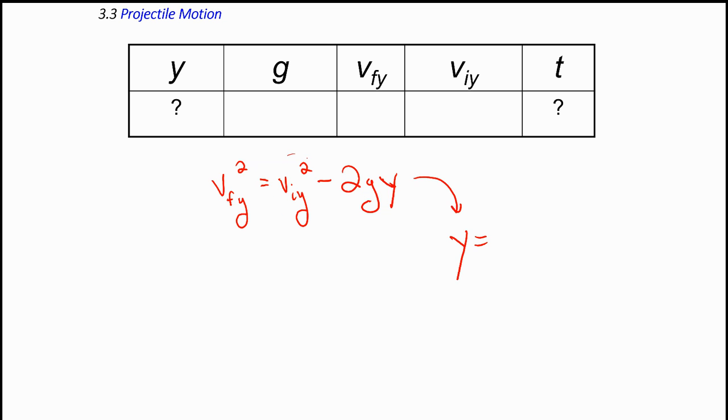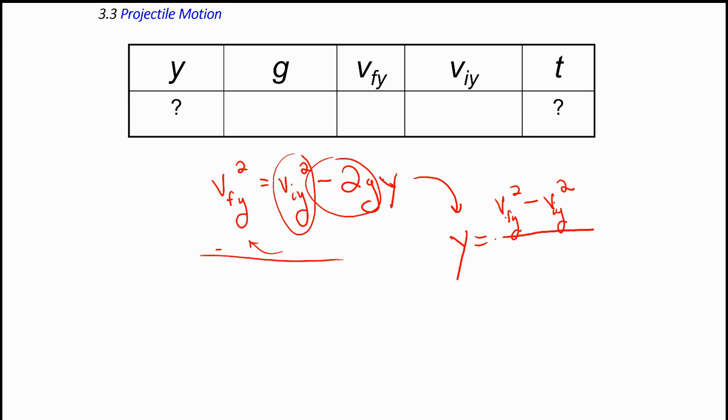Basically what I would do is subtract this over to the other side. That's going to give me VFY squared minus VIY squared, divided by minus 2 times G. And this should allow me to find Y.